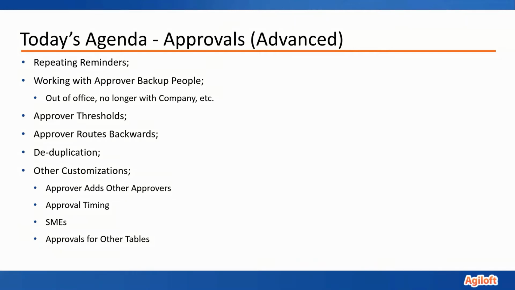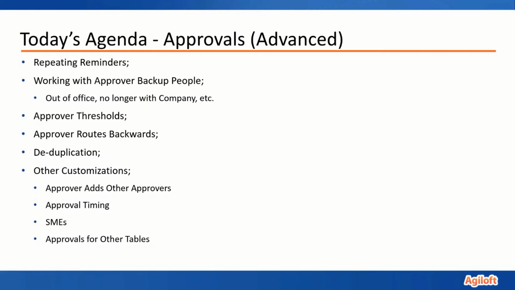On the agenda for today, we will work with repeating reminders, like sending out reminders every other day. We will go over the backup person field, which you may have seen in employee records. We will cover escalating approvals based on the limits of employees.